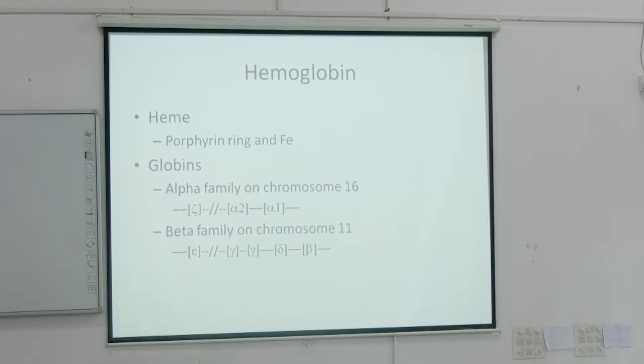Correct? But only in case of alpha there are two. So if one gene is affected, the other gene will function normally. There is a possibility that you will have less severity in case of alpha thalassemia. But in case of beta thalassemia, the severity will always be high because you have only one copy of the beta chain producing gene.